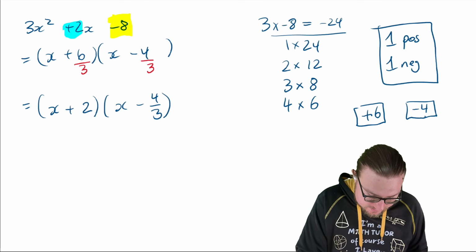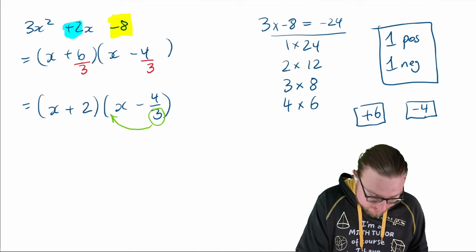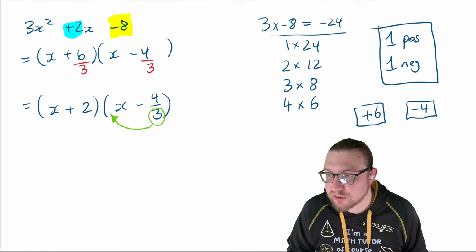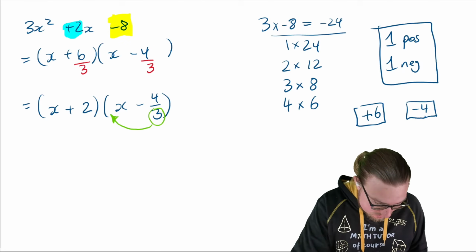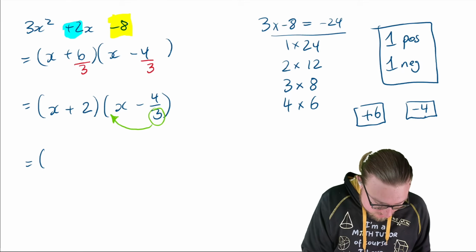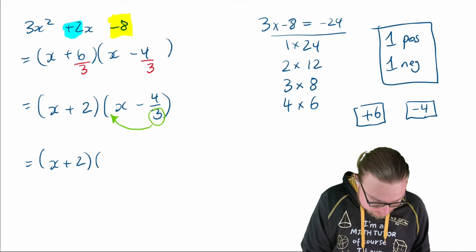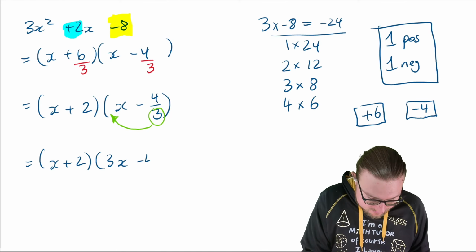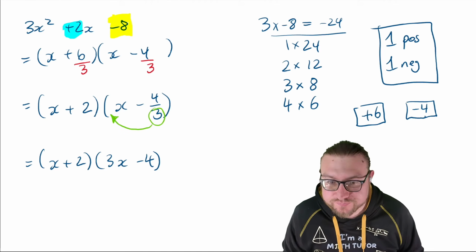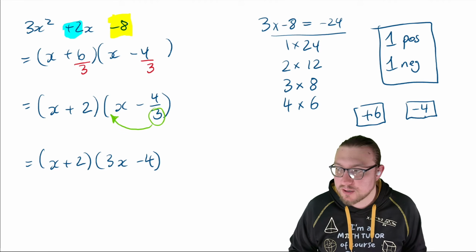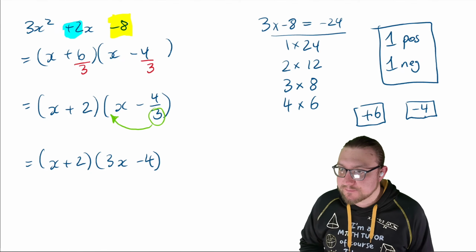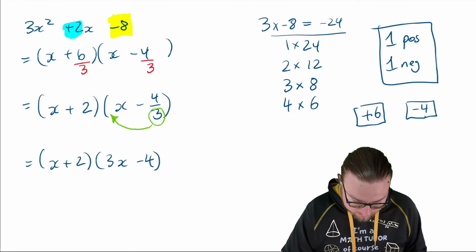And the final step is, if we have a fraction left over, we move that in front of the x. So let's do that. We're going to get x plus 2 and 3x minus 4. Right, and that's it. That's all we need to do.